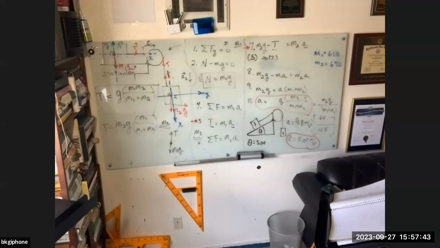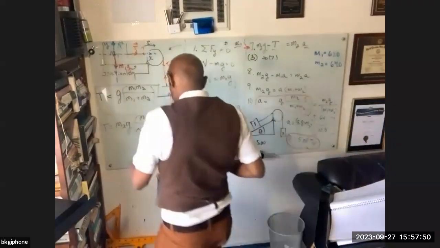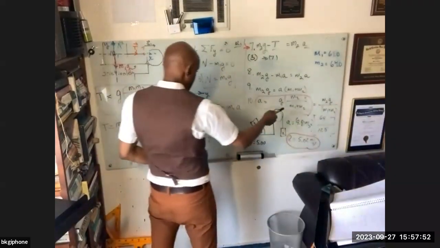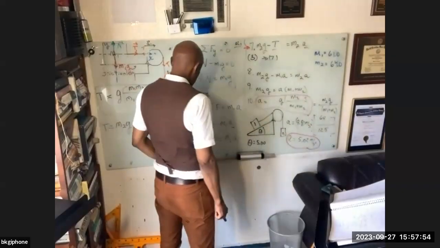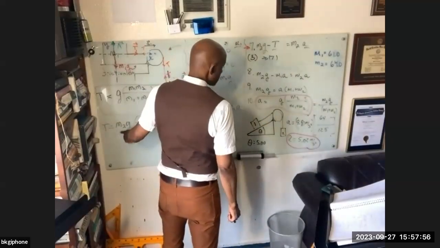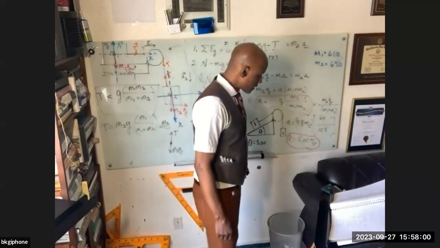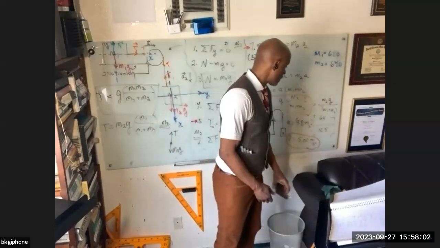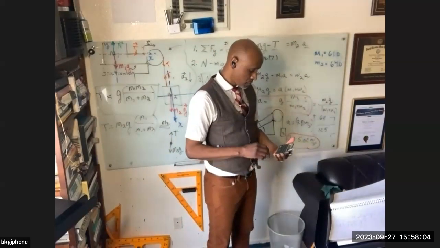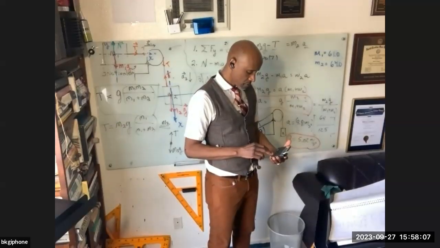Anything else? Oh, we didn't actually look at the weight. It's calculated. Basically, I have that acceleration times whatever grams. So it was 64, so 0.064 times that acceleration. So that's about 2.5 newtons, or 3, something like that.